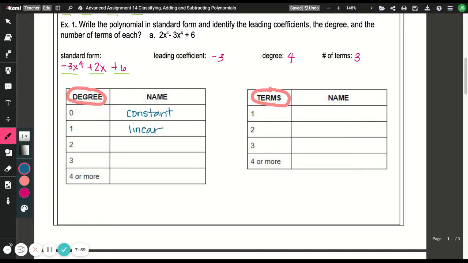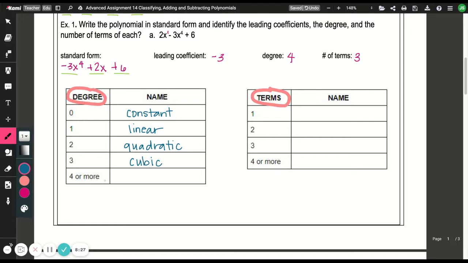That means it's a straight line. If my largest exponent is a 2, it's a quadratic. Three, we call a cubic. So remember, this is the degree, the highest exponent. So if the highest one is like an x to the 3rd, that's a cubic. And these tell us what shape. This dictates what shape our graph is.